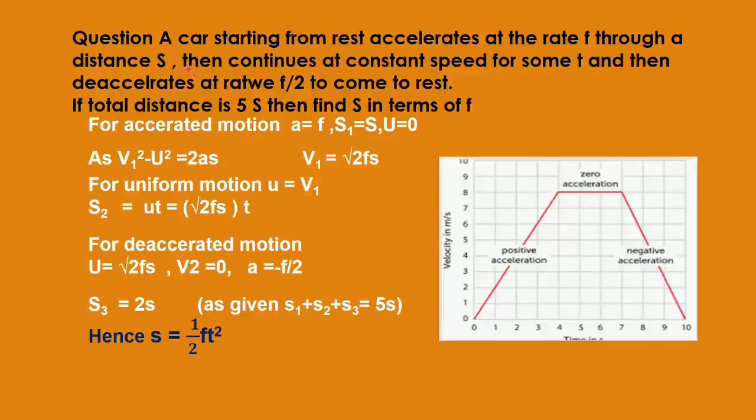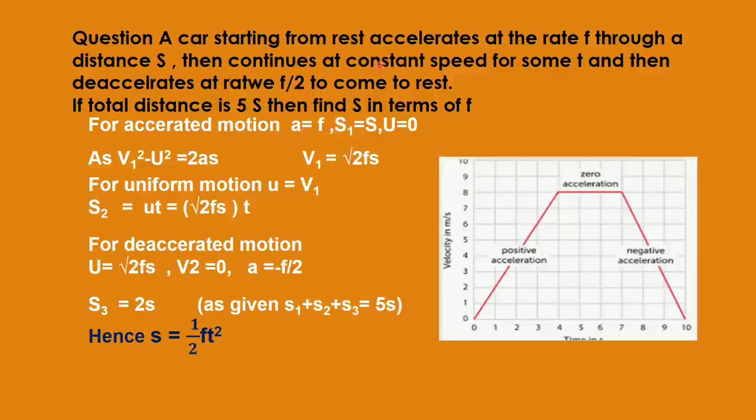This is a question with you. A car is starting from rest, accelerates at the rate f. It means acceleration is f meter per second square through a distance s. This I have tried to show with the help of the velocity time graph also, that it is starting from zero velocity and it is having positive acceleration, and the value of acceleration is given to you as f.